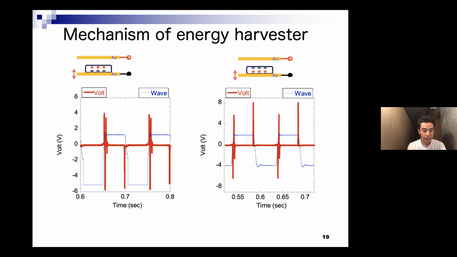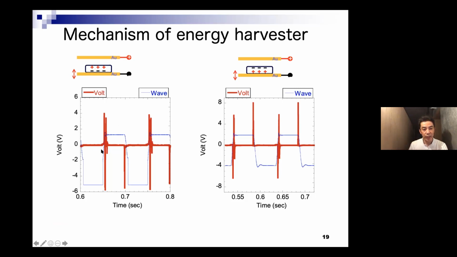Some people might ask us, is it really an electrostatic effect or not? Because of course we are using ion gel, it may also create a piezoelectric effect. So to prove that there is an effect of the electric double layer, we are going to show this data. On the left-hand side, the cation is on the upper side, and on the right-hand side, the anion is on the upper side.